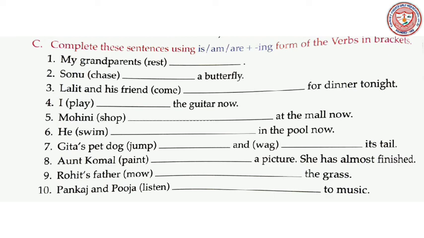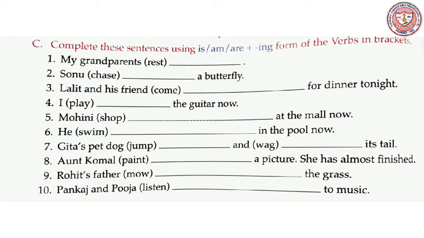C-O-M-I-N-G, coming. Lalit and his friend, plural subject. So we are supposed to use are. Lalit and his friend are coming for dinner. Are coming for dinner.